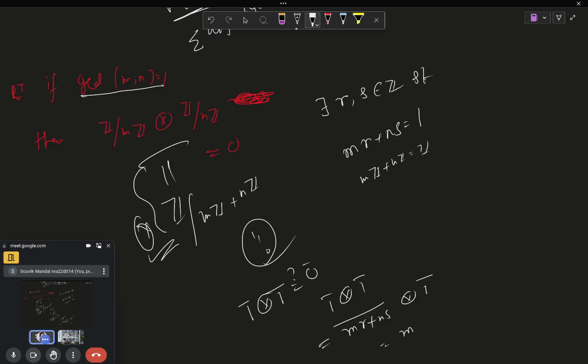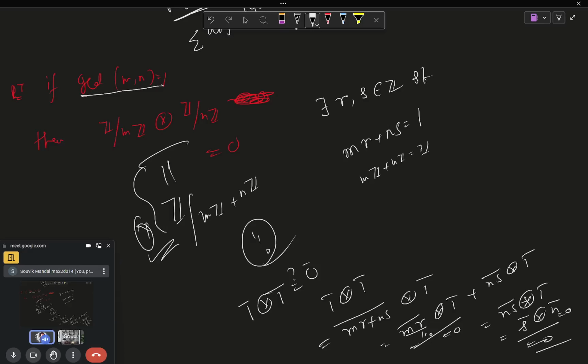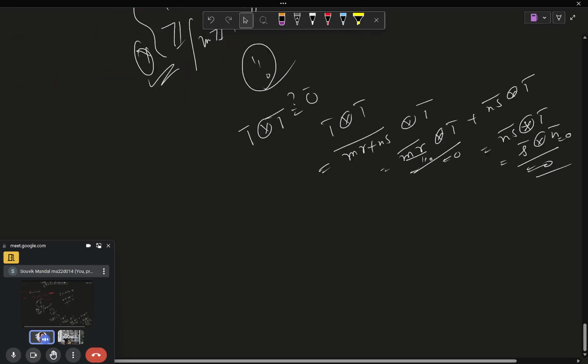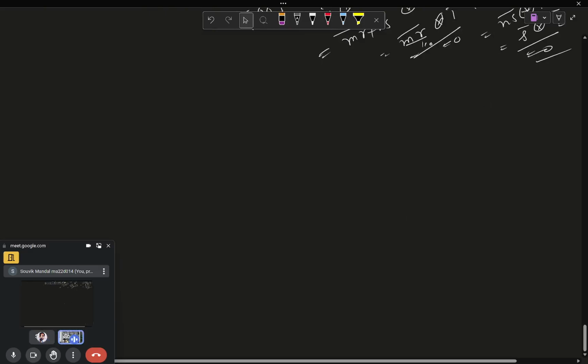So (rm) bar tensor 1 bar, by the property of the tensor, this part is 0. So this whole part vanishes and it is equal to (ns) bar tensor 1 bar, which is equal to s bar tensor n bar, equal to 0. So more or less these are the ways of approaching things regarding tensor products.